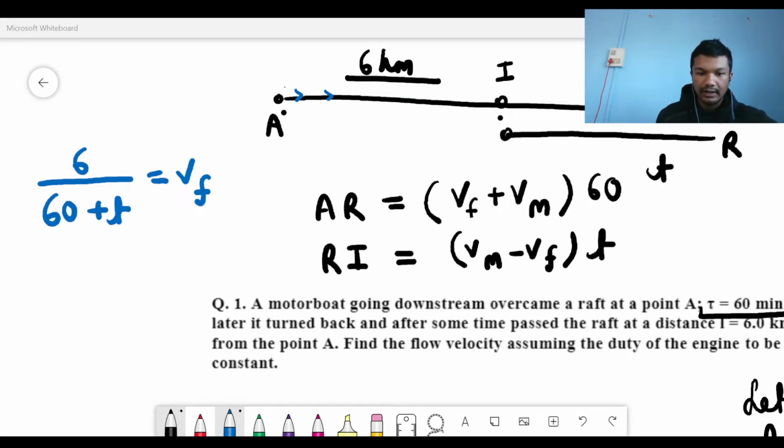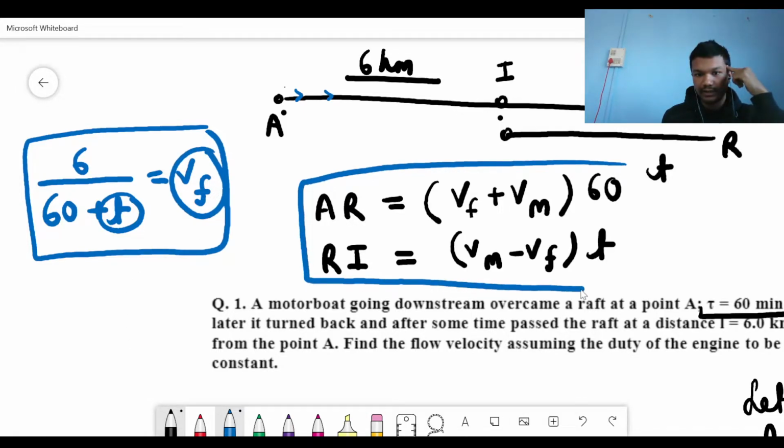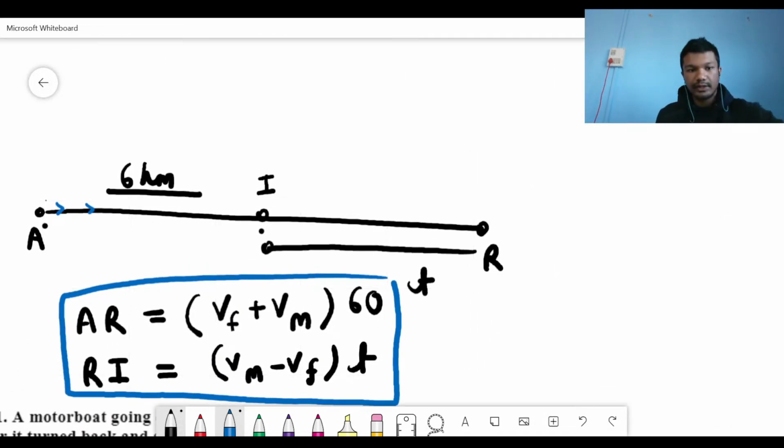So if we have got this, then we can almost form this equation. I think if we calculate t we will get the flow velocity, and to calculate t I have to use this much information. So let's use this information.